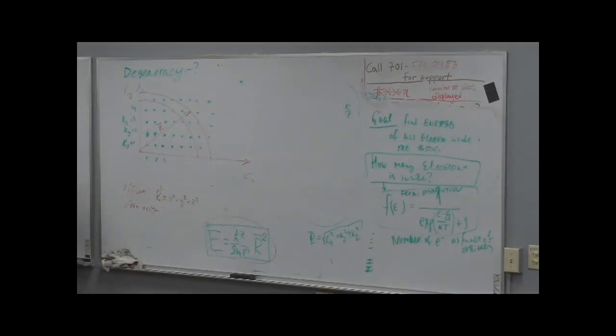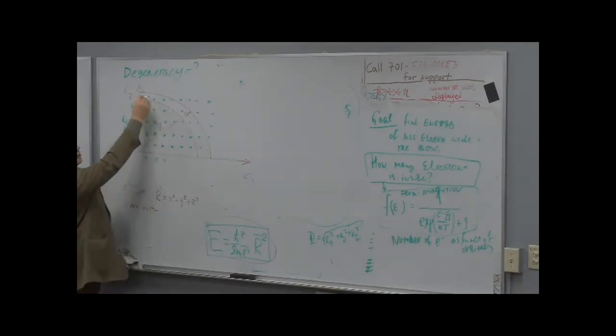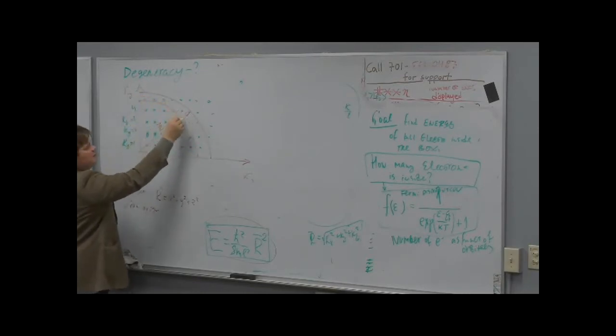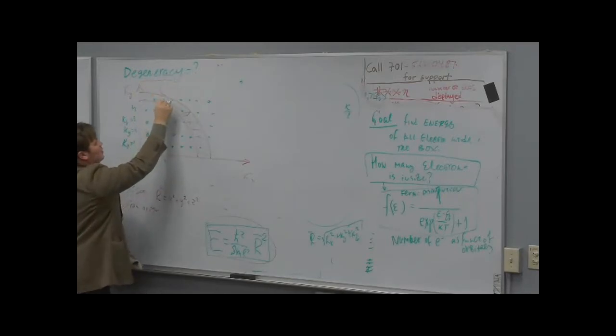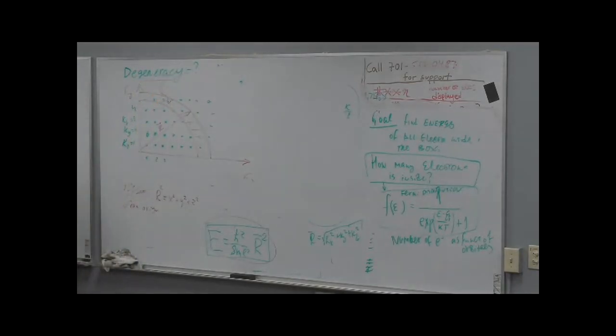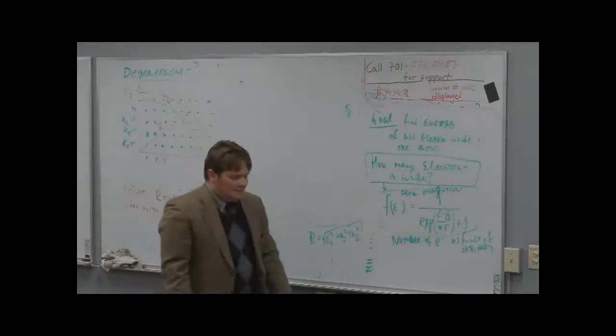So all states that will be offset from the origin by this much will be degenerate states. Good?